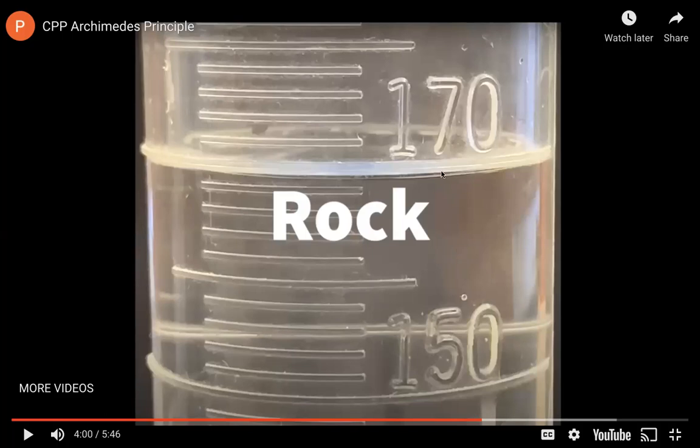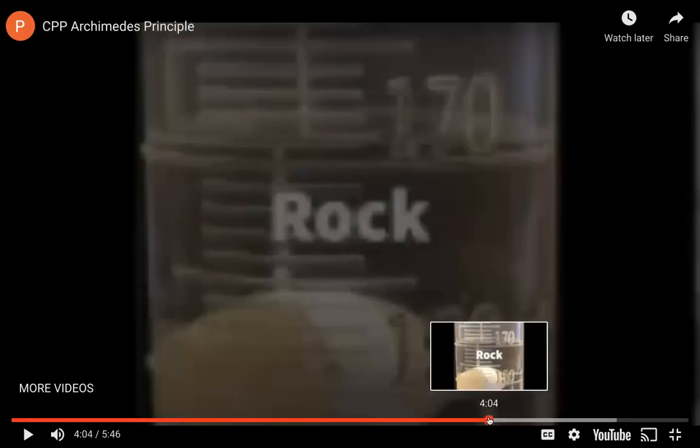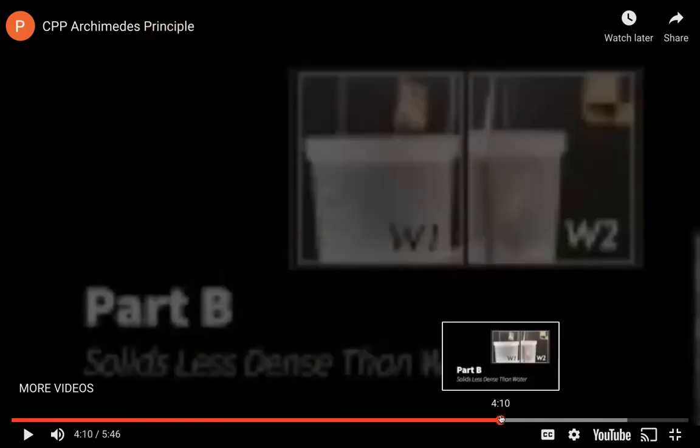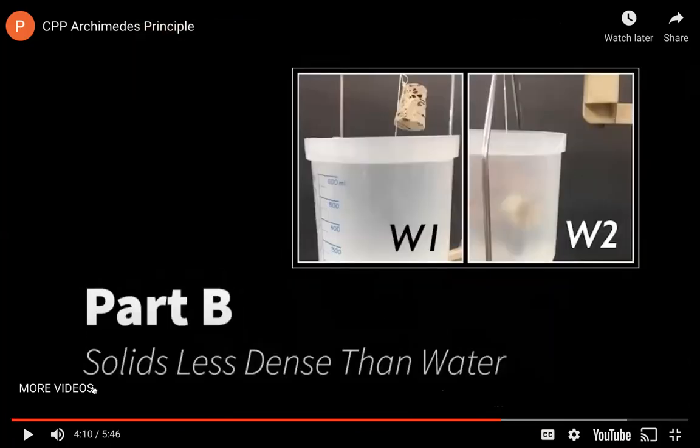You want to read the lowest part of the surface of the water, where the water intersects with the container. The two edges might be a little bit higher and the middle is a little bit lower. So you want to read from the middle, not from the edge. So this is how they measure the rock, but you don't have to do that. That's just for fun. Part B is for a solid that is less dense than water.